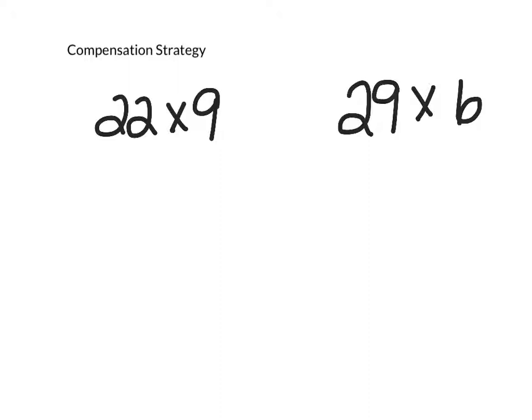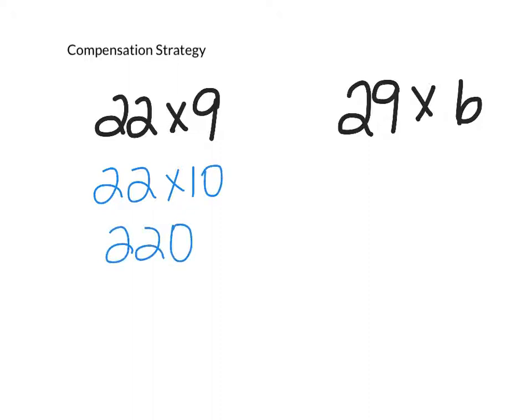So we could do this one with a compensation strategy, where we think about the 9 as a 10. So instead of doing 22 groups of 9, we're going to do 22 groups of 10, because 10 is a nice, friendly number. So we have 220.